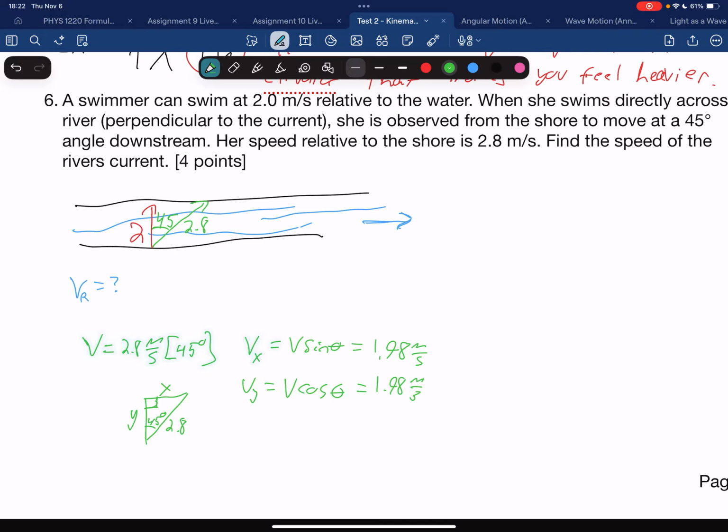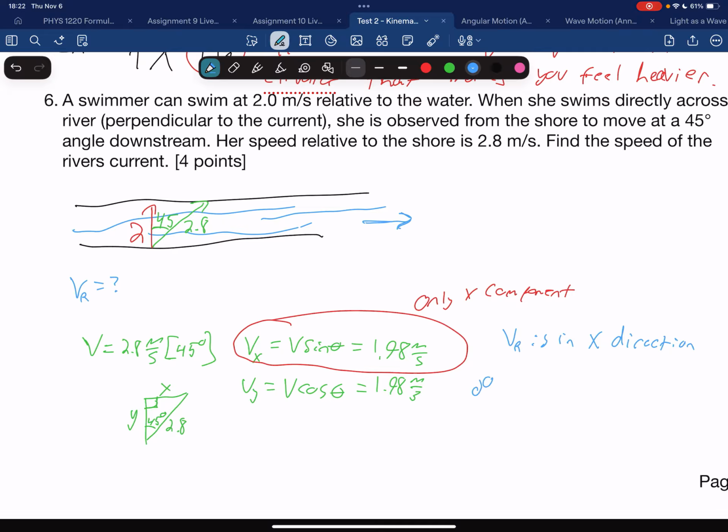Now, what you should notice is that this here is the only x component for everything. We know that the velocity of the water, of the river, is in the x direction.